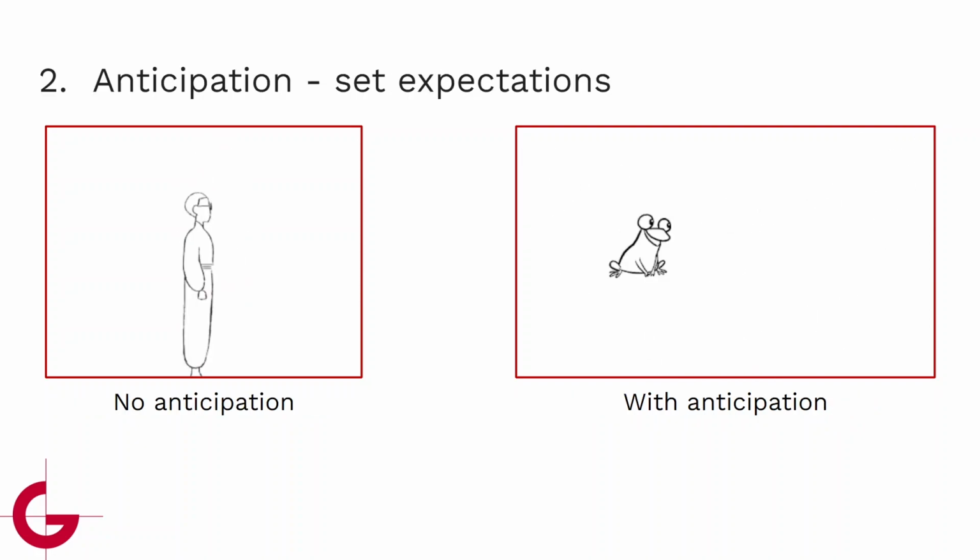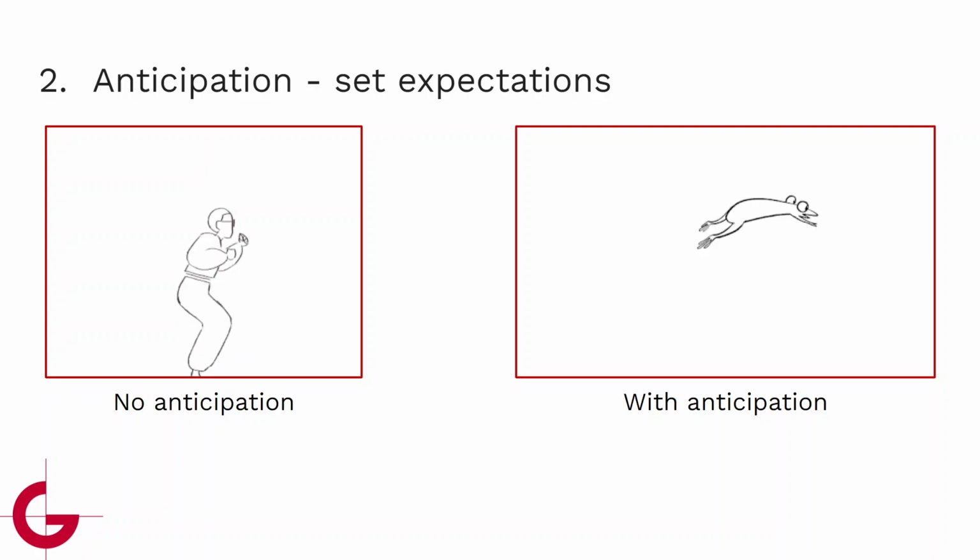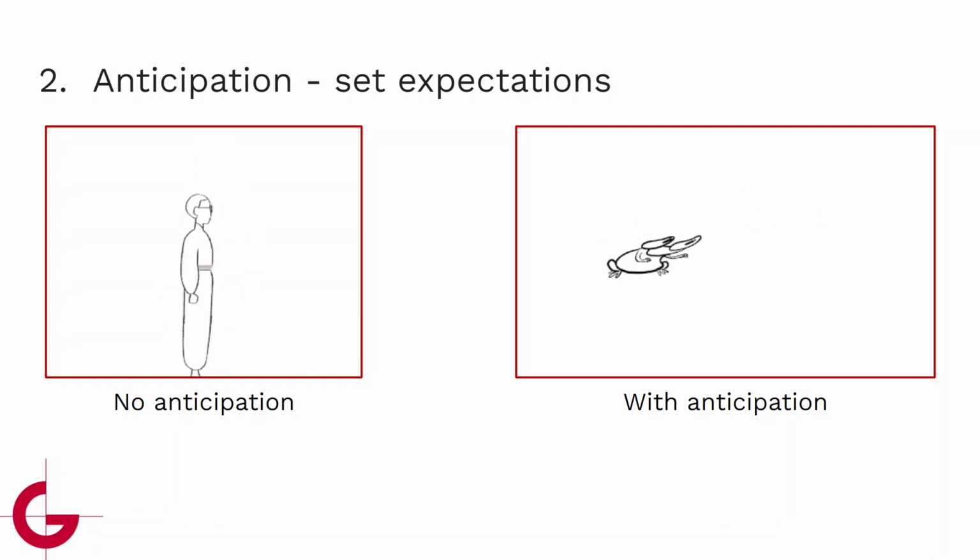Another principle that I want to talk about is anticipation. If you look at the animation on the left of this man jumping, he just jumps. There's no build up, no anticipation, nothing. He just jumps.